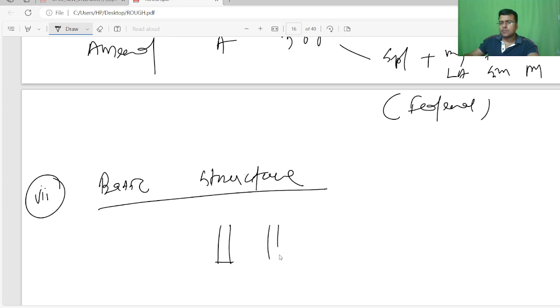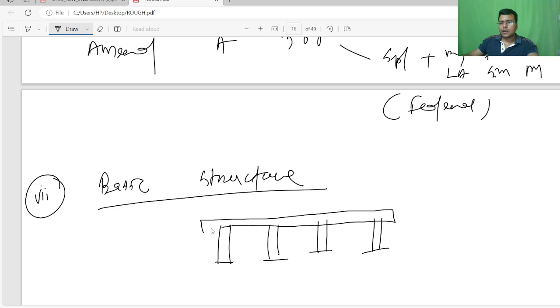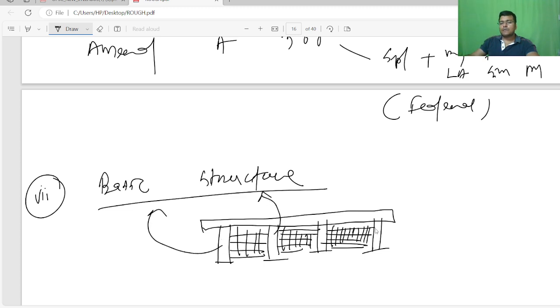When you build a house, you make pillars, and based on the pillars you build the house, and there you put bricks. So these are only bricks and these are pillars. So the pillars we can call our basic structure. If you break those pillars, the house crumbles.